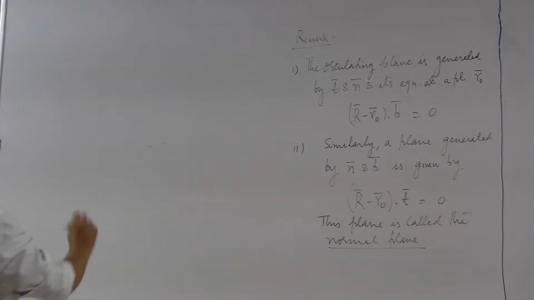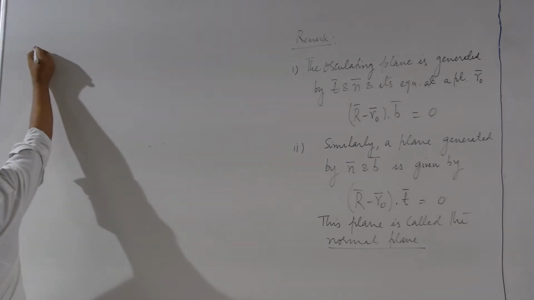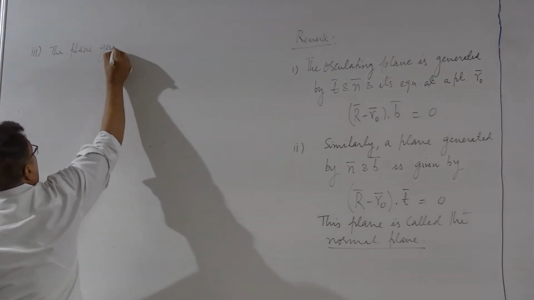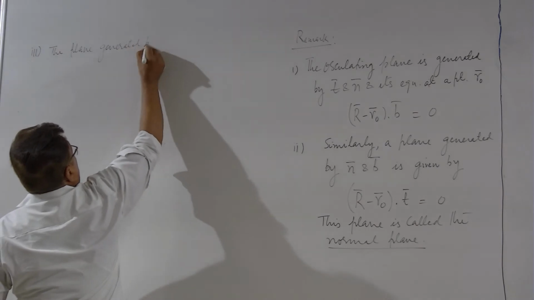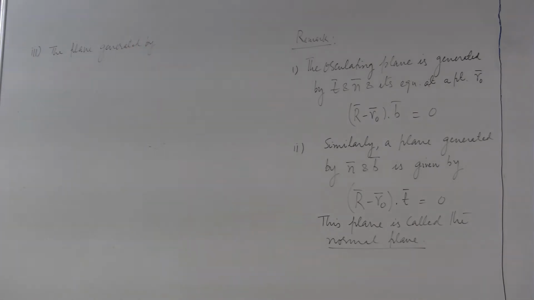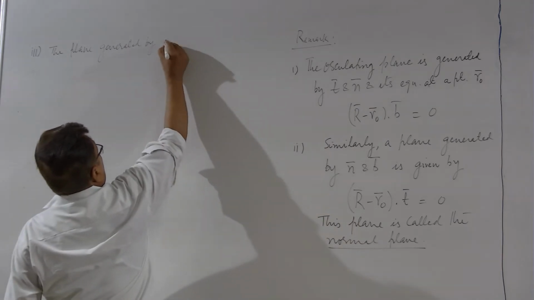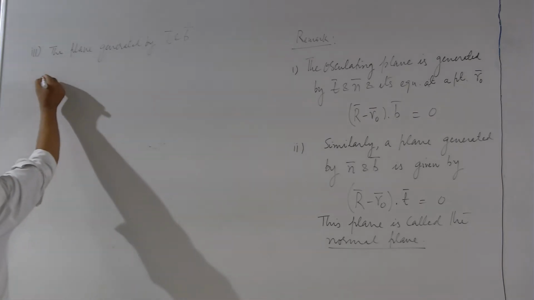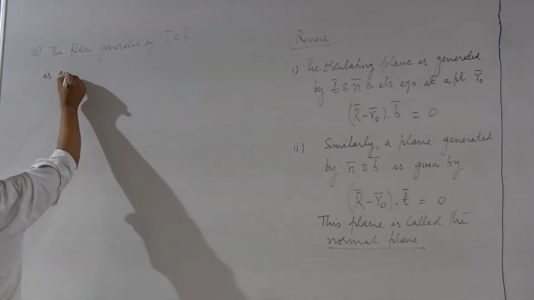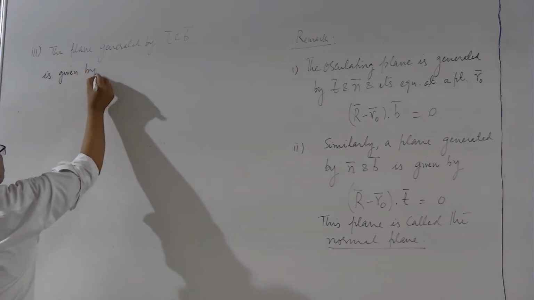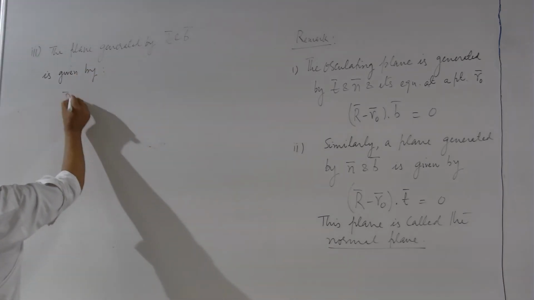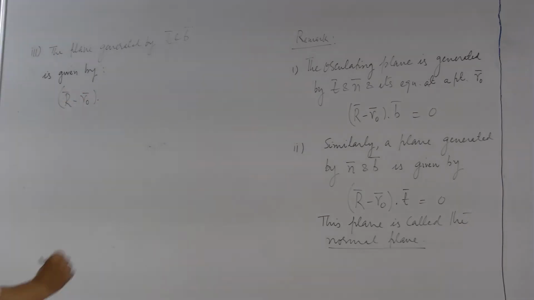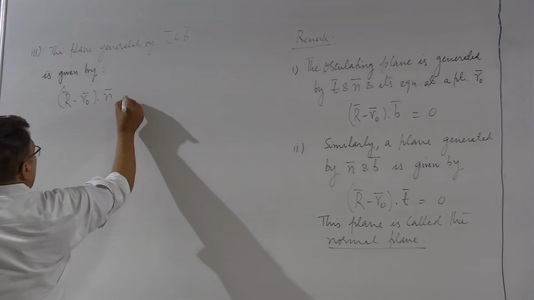So, the plane number 3, the plane generated by t and b is given by r minus r 0 dot n equal to 0.